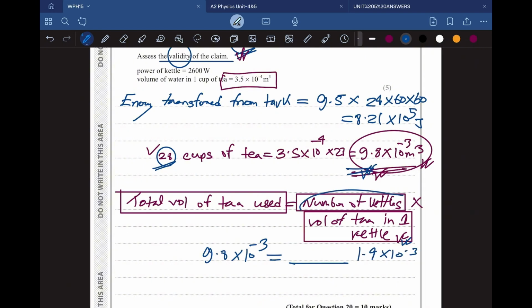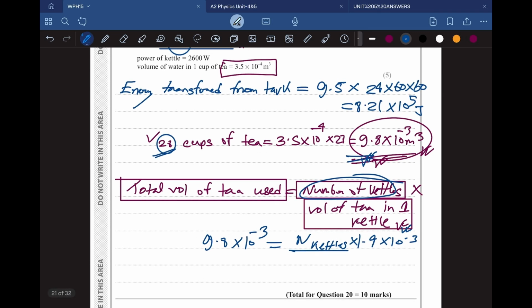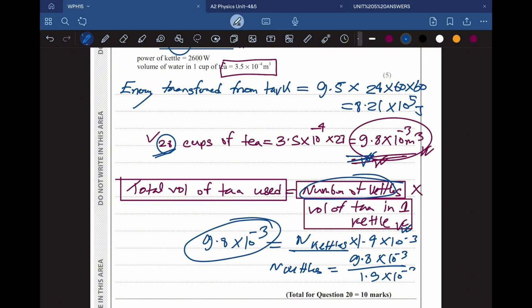Now we can easily figure out the number of kettles. We can just divide this value by this value. So the number of kettles will be equal to 9.8 into 10 to the power minus 3 divided by 1.4 into 10 to the power minus 3, sorry, this is 1.4, my bad, which will give us a value of 7.